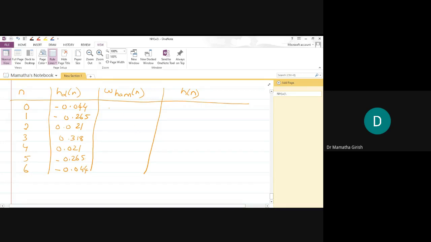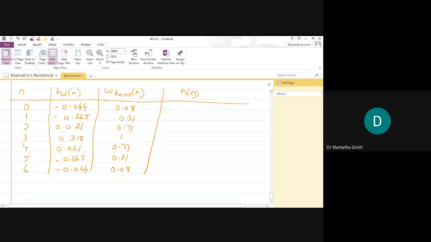Similarly, the windowing function values are 0.08, 0.31, 0.77, 1, 0.77, 0.31, 0.08.